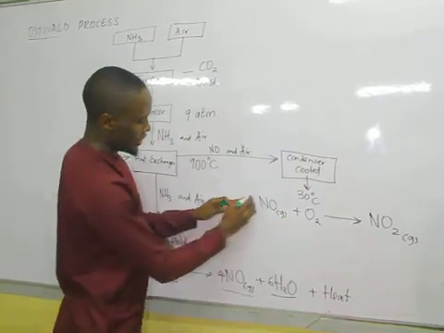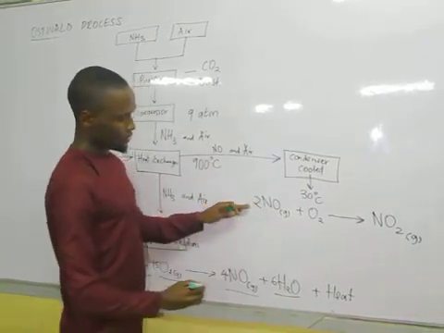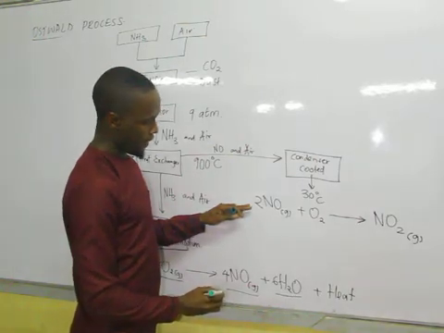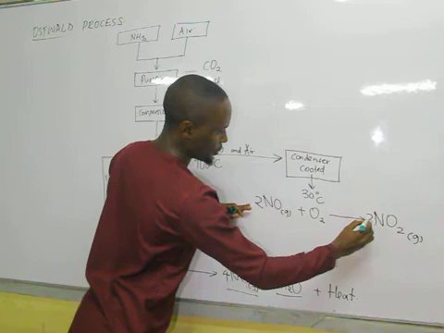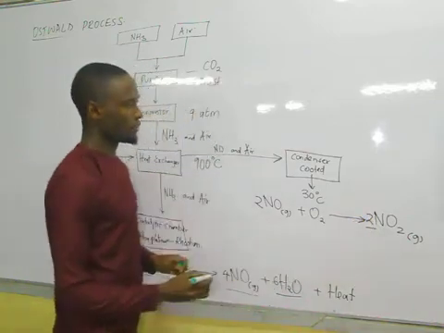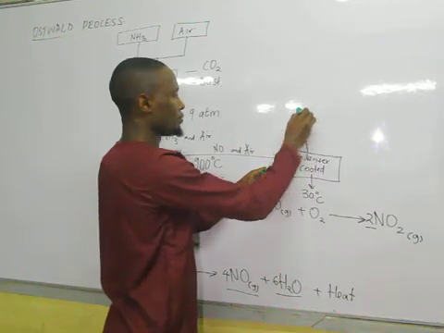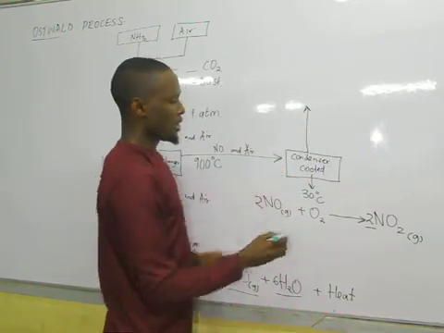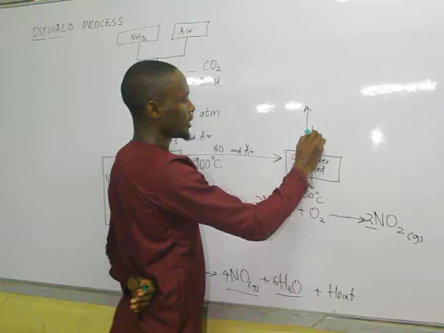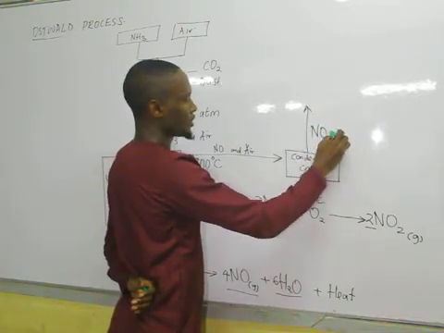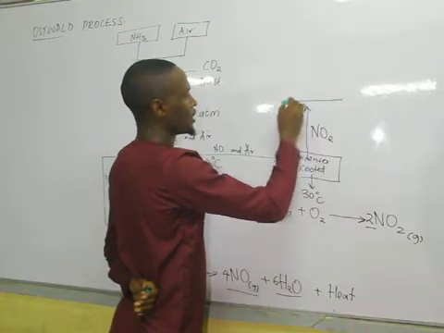This equation, if I balance it, I'll place a 2 here, and then I also place a 2 here to balance it. So from this chamber, we move to the next chamber, and what is found in this chamber? Nitrogen 4 oxide. Nitrogen 4 oxide is taken to another chamber.